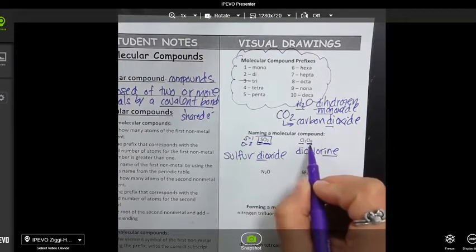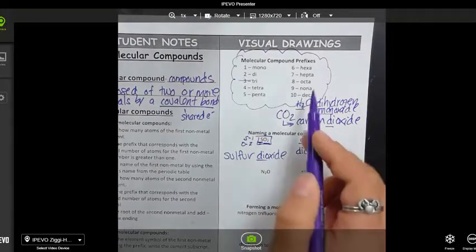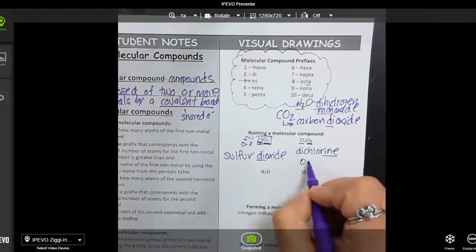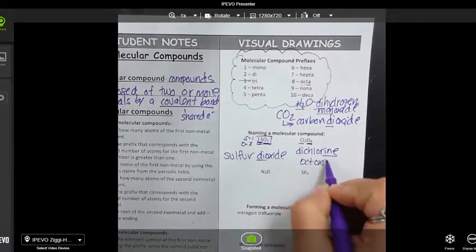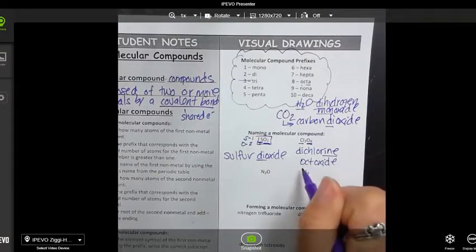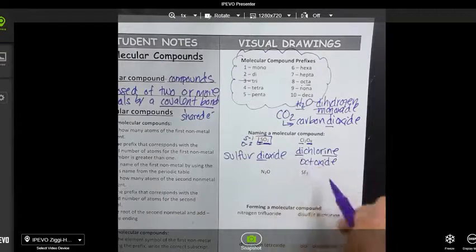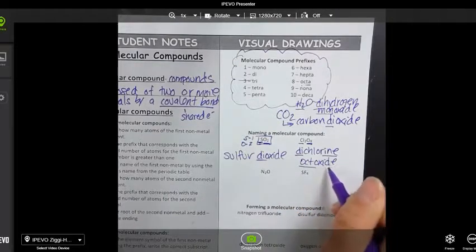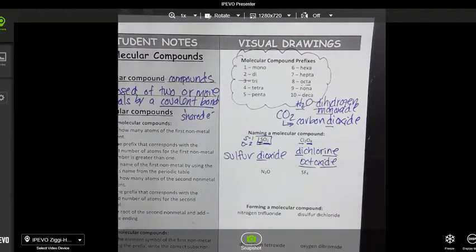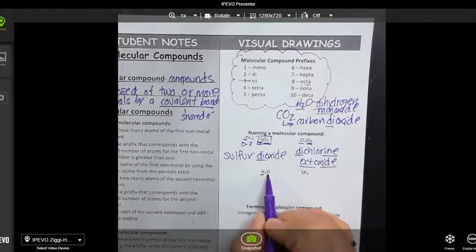But how many oxygens do we have here? We have 8 oxygens, and the prefix for 8 is octa. So I'm going to add oct oxide, or you could write octa oxide, doesn't really matter, because this tells me there's 2 chlorines, there's 8 oxygens, and since it's the second in the compound, I have to drop the ending and add "ide."